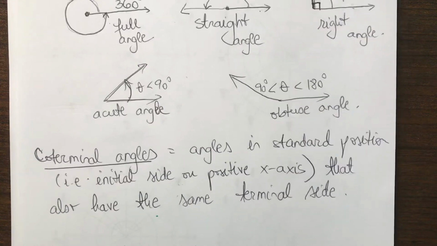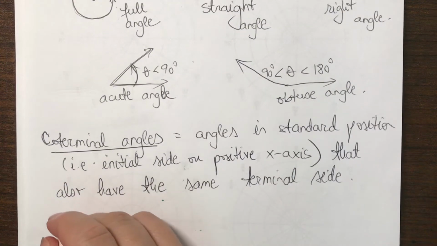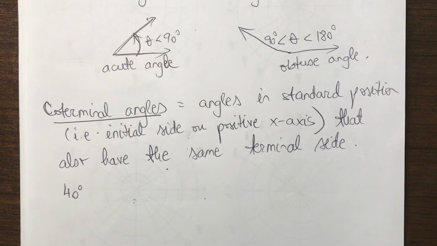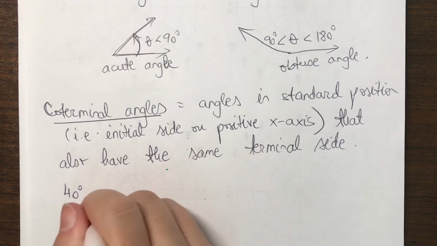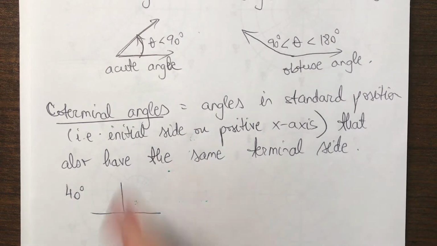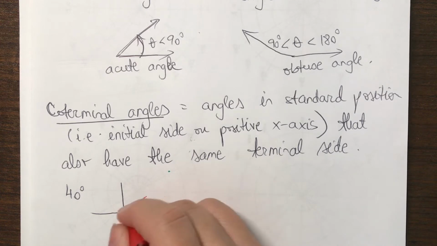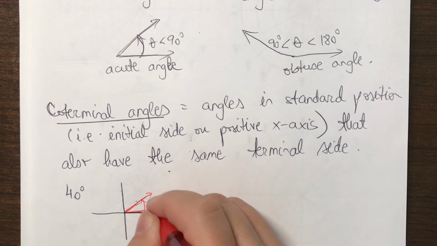Okay, so let's see. I'm going to give you an angle of 40 degrees. Can you find me a coterminal angle to it? So I'm going to draw it for you. 40 degrees, definitely less than 90, yes, so 40 degrees is about here.